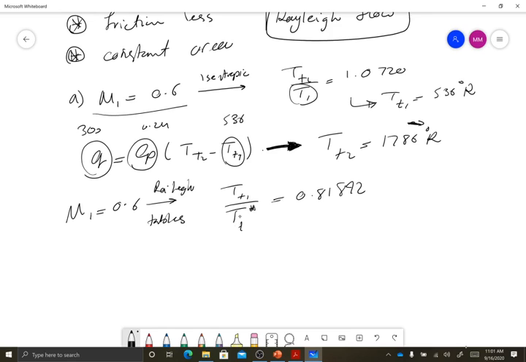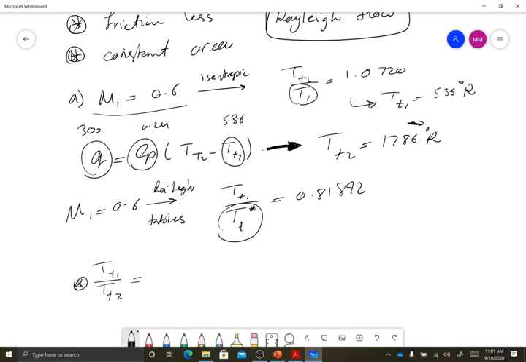Okay, you can either find the total sonic temperature to make the comparison, or you can find the inlet and outlet total temperature comparison, which is what we have done. You can do both, right?